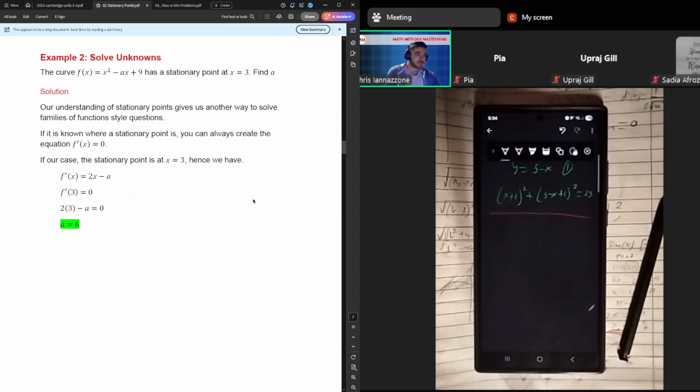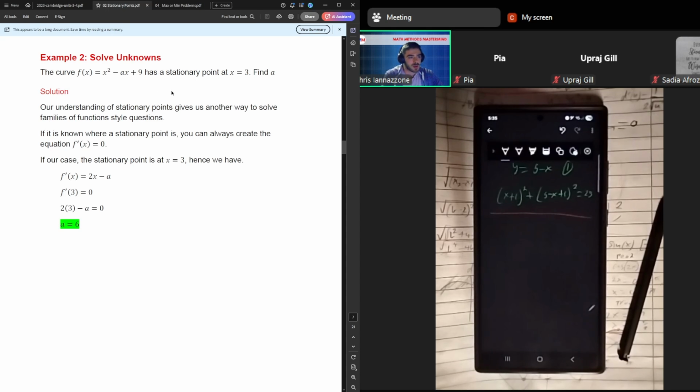Okay, so one other application of knowing how to solve stationary points is that it gives you another way of creating an equation for solving unknowns. So in this case, we have a families of functions style thing where we've got this unknown a in here, as well as the x and y. But we are told that there's a stationary point at x equals 3 in this situation.